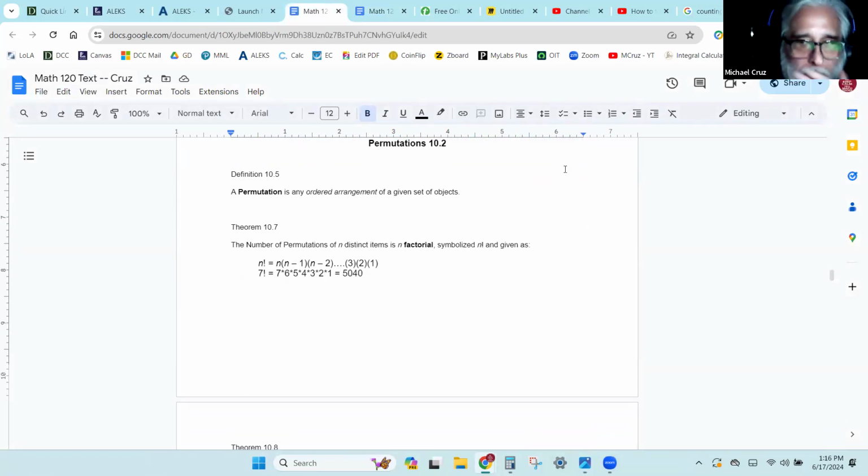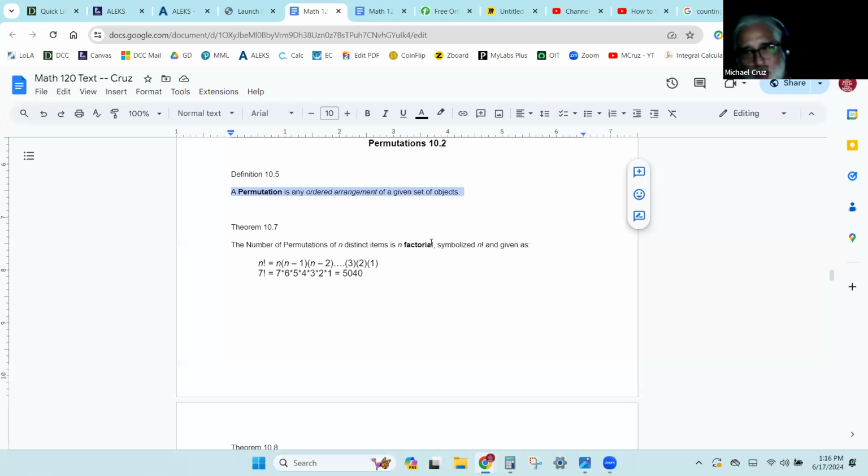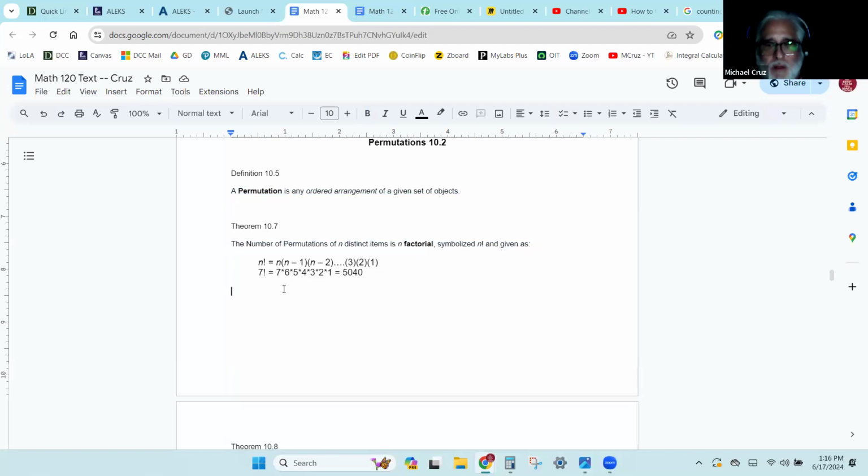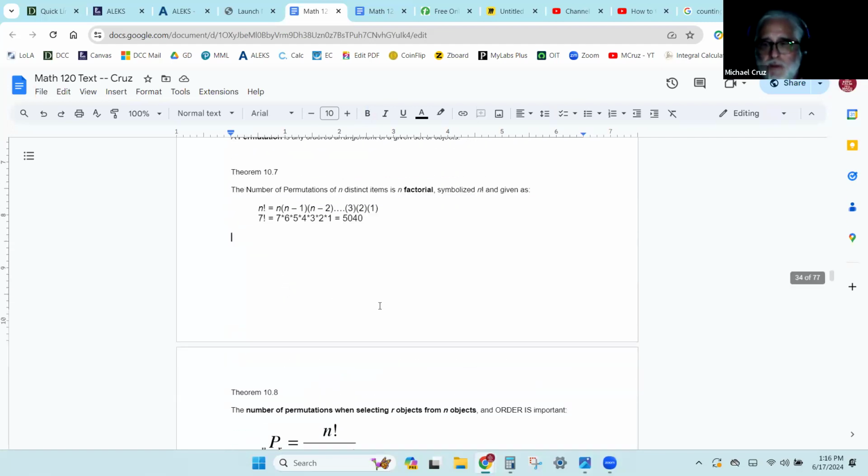All right. Now, the term permutation just means an ordered arrangement of any given objects. And the most basic one is this factorial, because these are ordered. Okay. Let me kind of show you something here.